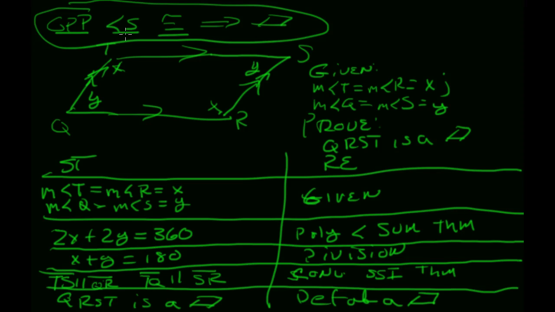All right, so there's actually more ways to do this yet to come. So let's look at another one. Okay, so here what we're going to say is that one pair, not 2, but one pair of opposite sides is both congruent and parallel.